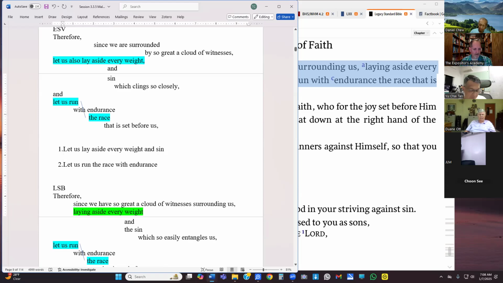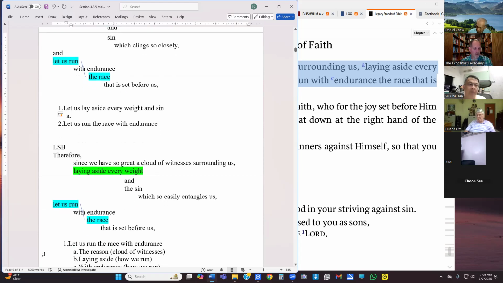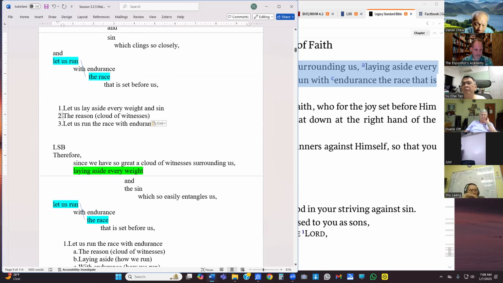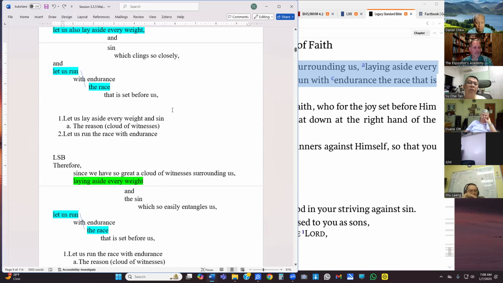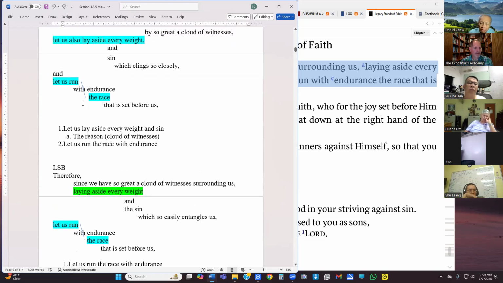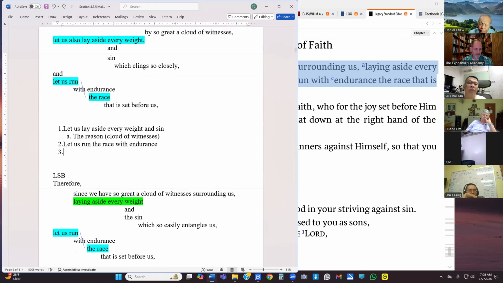And then we'd have the reason to lay aside every weight is the cloud of witnesses. And then the with endurance would go with let us run.